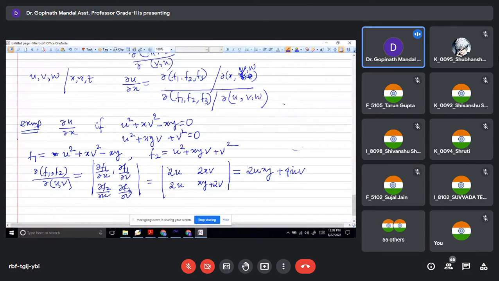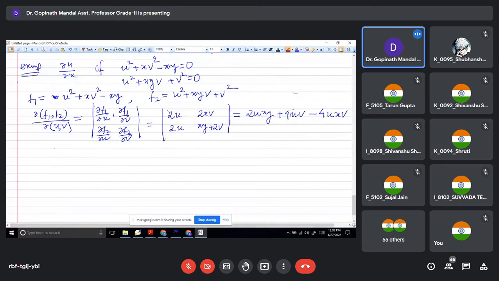For u v, the value is 2uxy plus 4uv minus 4uxv. Now find the Jacobian of f1 f2 with respect to x v. So del f1 del x, del f1 del v, del f2 del x, del f2 del v.